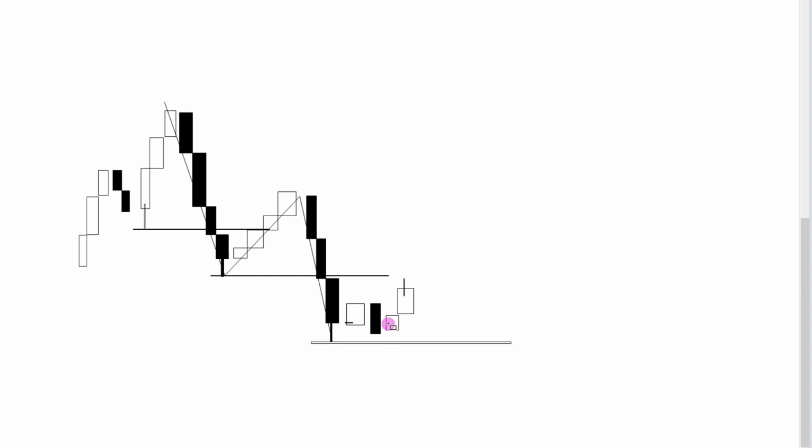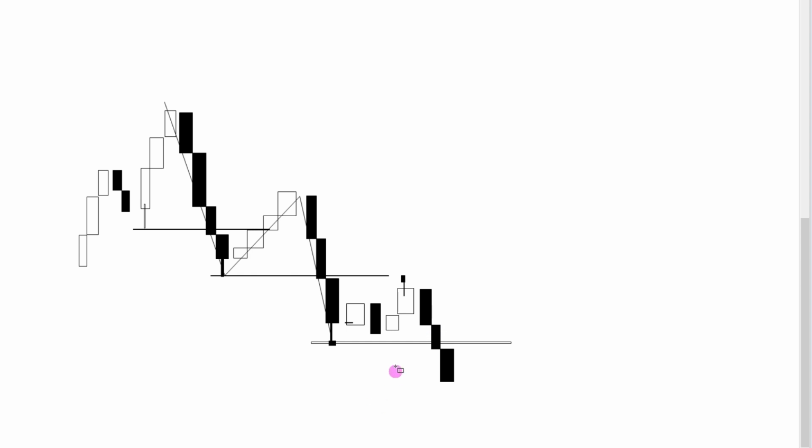We'll wait for the market to break and close this resistance line. If it does, this is our confirmed lower high point, and this is our lower low point. In this way we can mark structure in a downtrend.